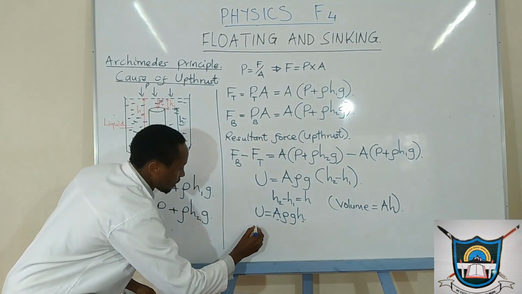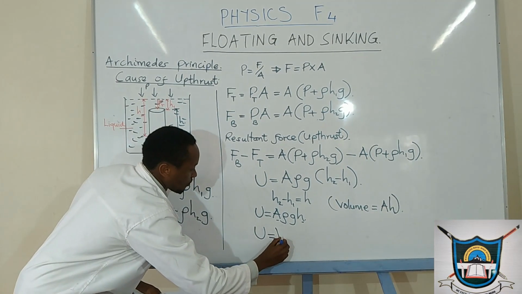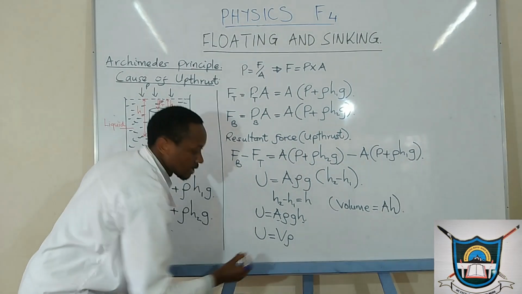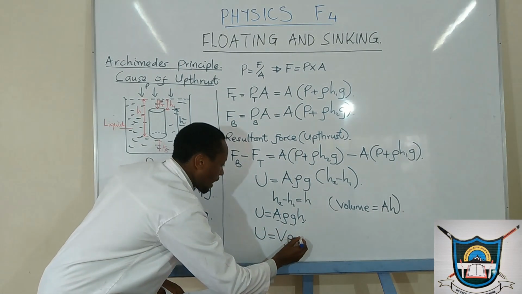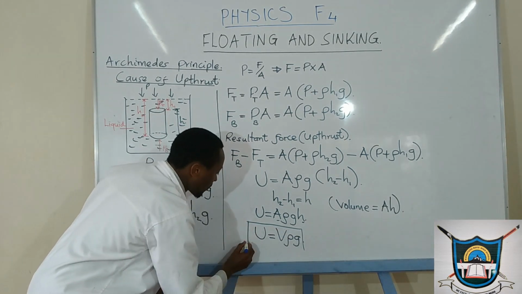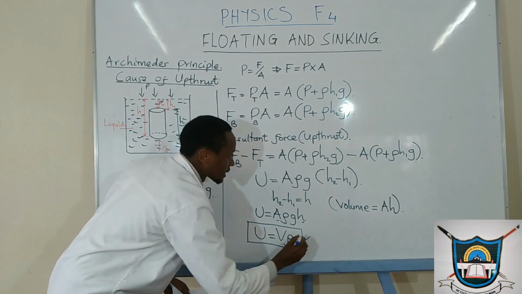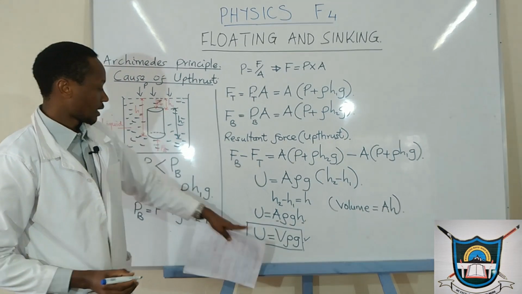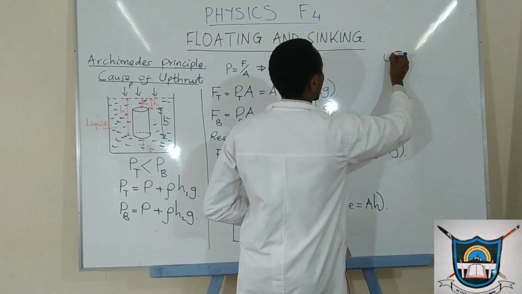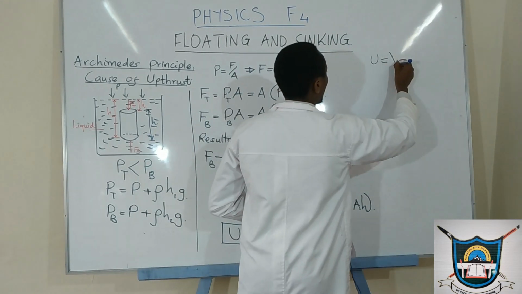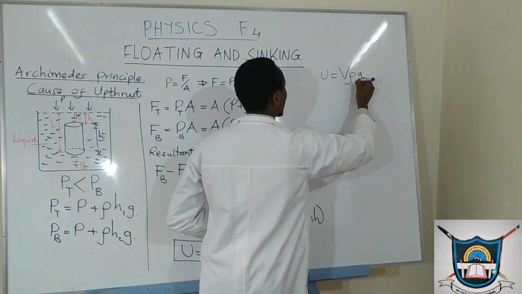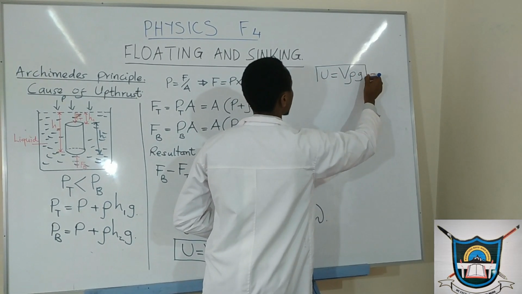So upthrust is equal to V, A times H, this is the density of that liquid, and this is G. So this is the upthrust of that liquid, student, that resultant force. So we can write that equation here: volume, density, and G. So this is very important.